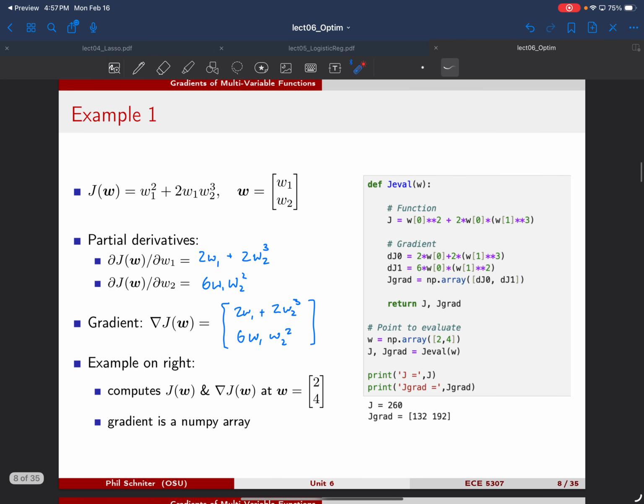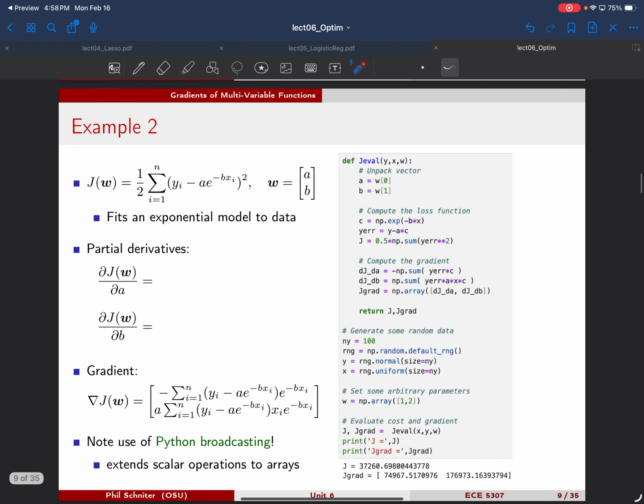Any questions on this? Okay, let's move on to a little bit more interesting one. In this case, we have some targets. This is like a regression problem, so we have some targets yi. But rather than using a linear model, we have a two-parameter exponential model, where B controls the power of our model and A is a linear scaling on it.